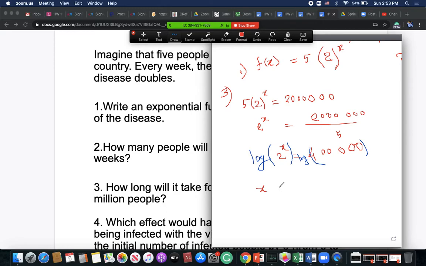Actually we can do it in one line also. The x will come here, log 2 is remaining, and log 2 will go down to the other side. That means x equals log 400,000 divided by log 2.